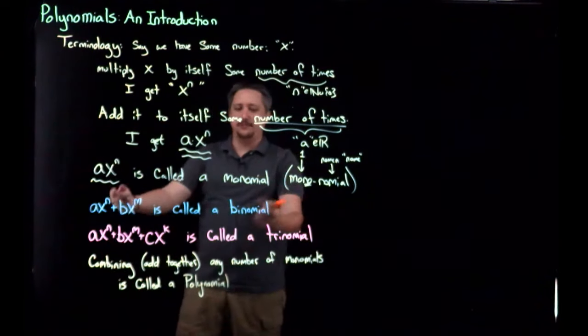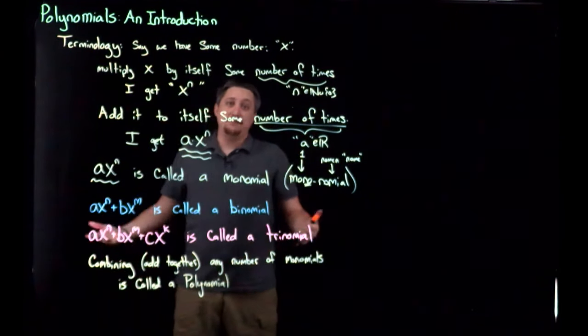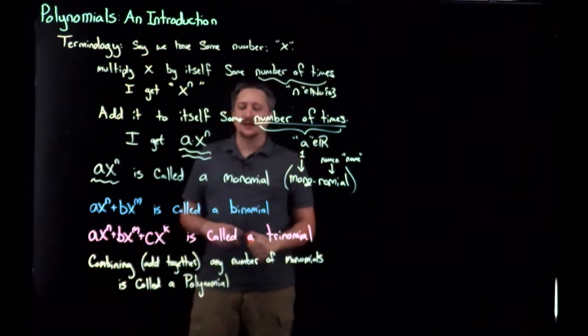Where again we had mono, one, bi, two, tri, three. Poly means many, so we have many names.